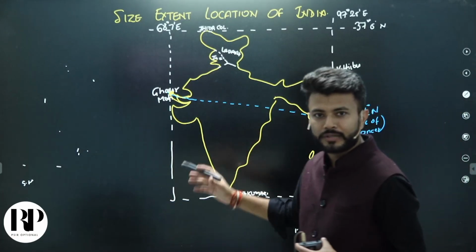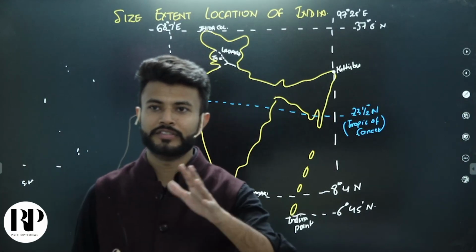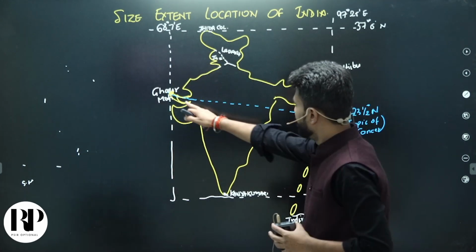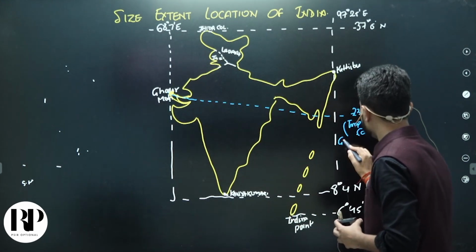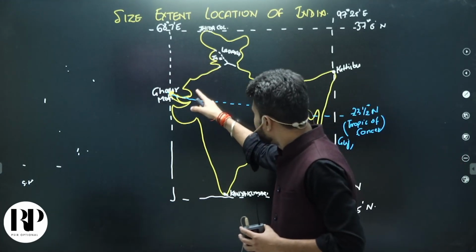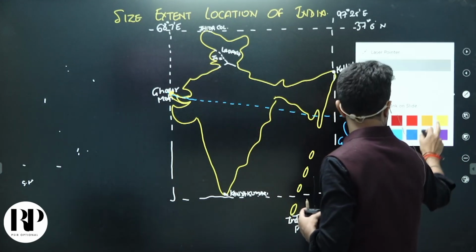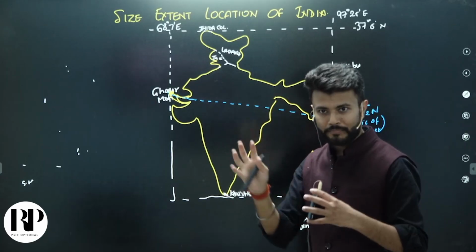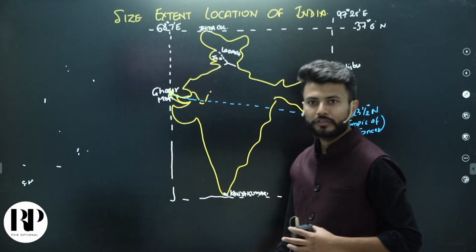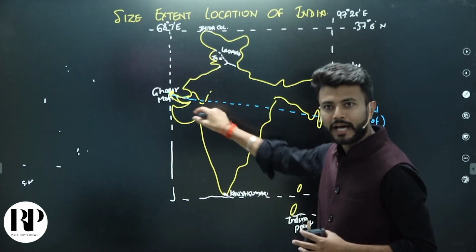Tropic of Cancer, while passing through India, passes through which states? Here, obviously, one is Gujarat, right? Then Rajasthan, if you have to see the location, the map of the Rajasthan, it is somewhat like this. So it passes through Rajasthan also. Okay.